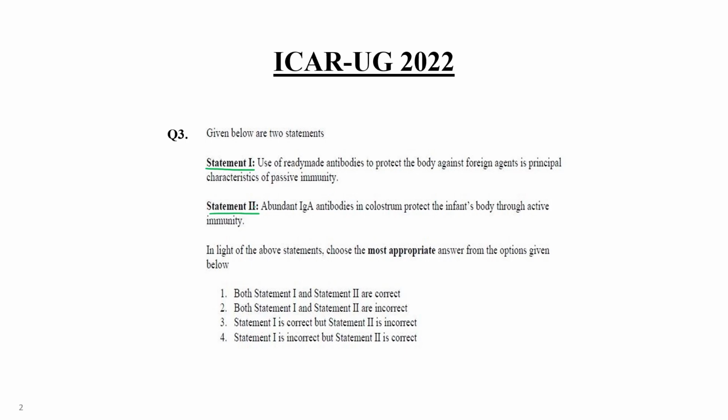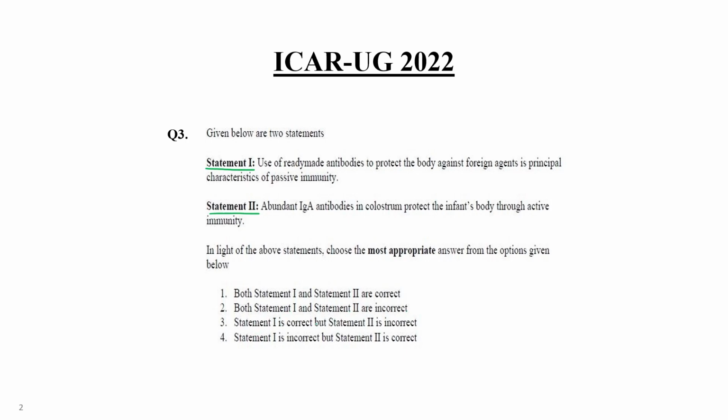Right. Statement number 2: abundant immunoglobulin A antibody in colostrum protects the infant's body through active immunity. In the light of the above statements, choose the most appropriate answer from the options given below. Both statement 1 and 2 are correct. Both 1 and 2 are incorrect.